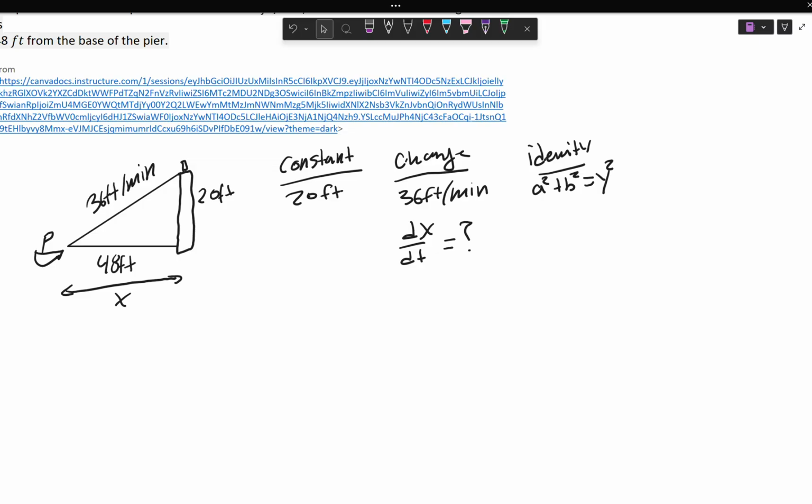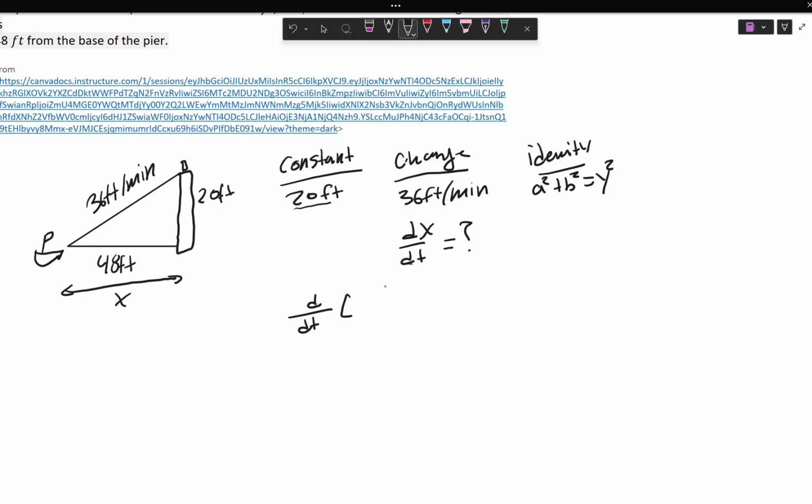Well, if I have a constant and I have a derivative with respect to time, I have to take the derivative with respect to time of both sides.